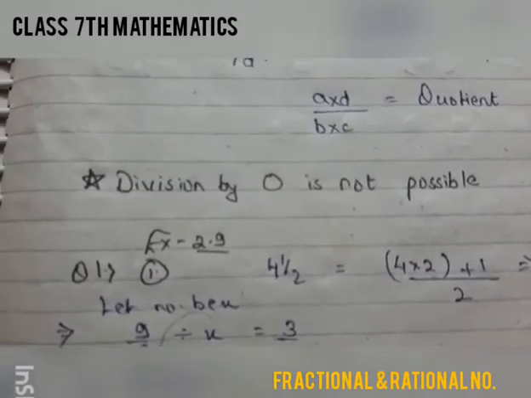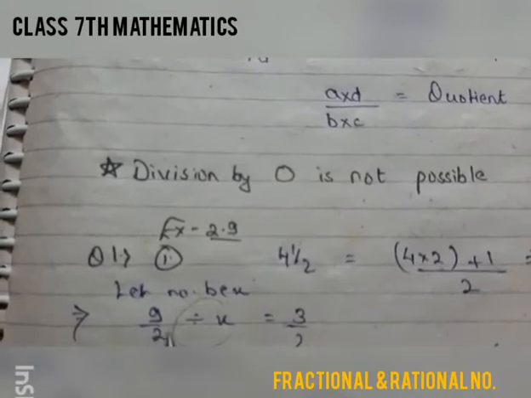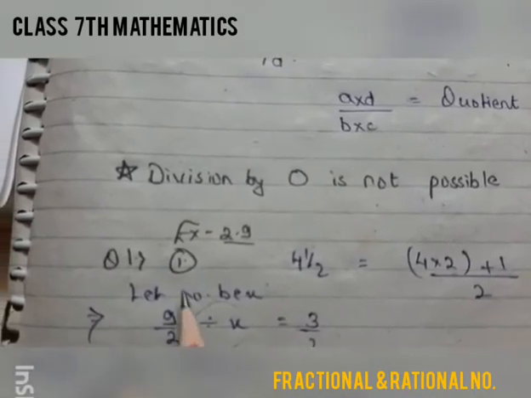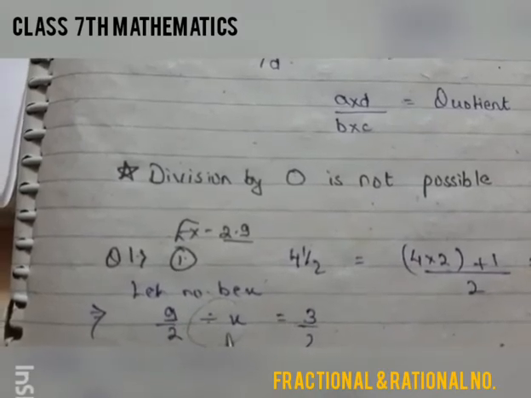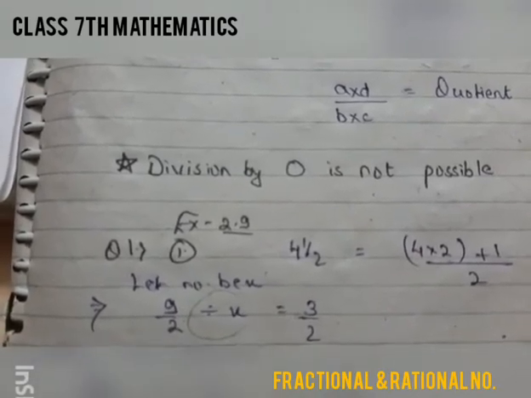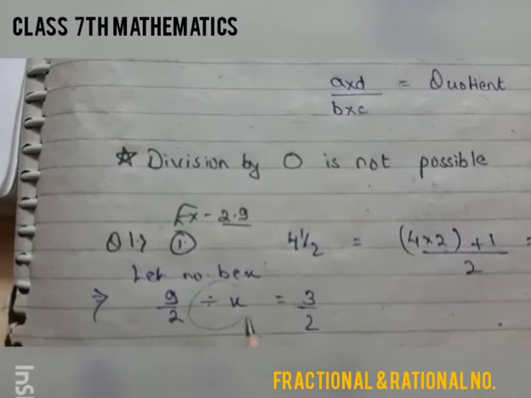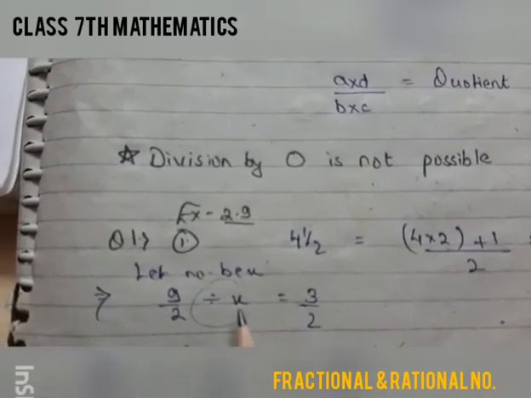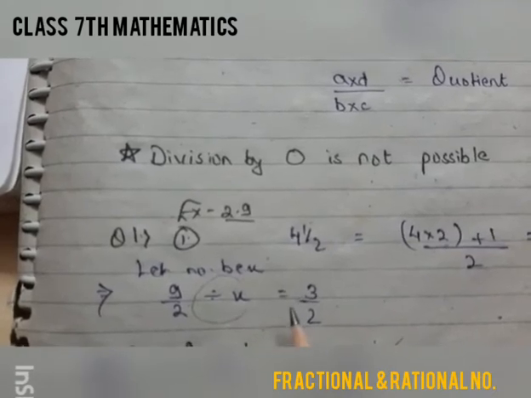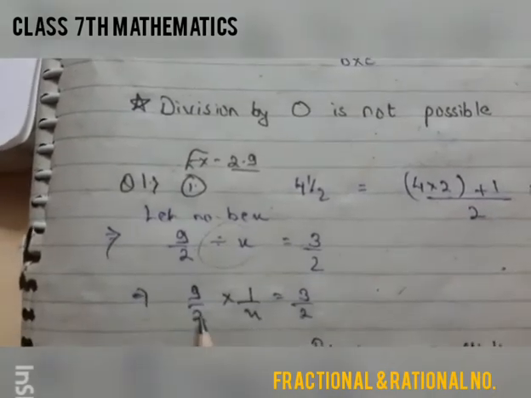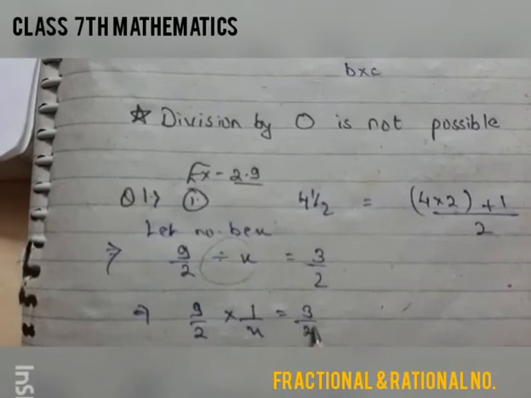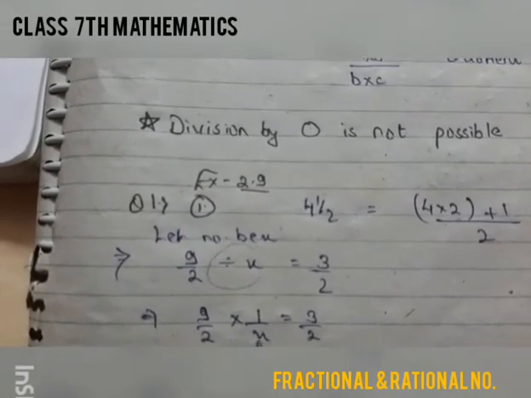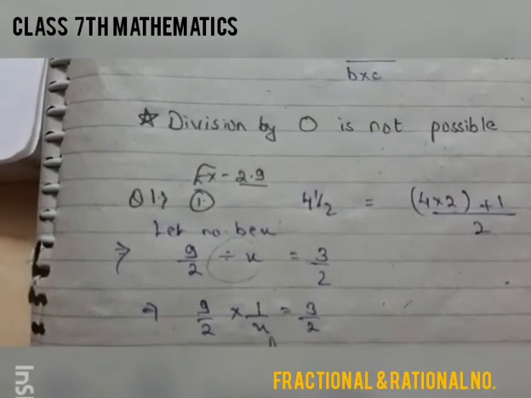Now mathematically we know that when a rational number is divided by a second rational number, the method says multiply the first rational number into the reciprocal of the second rational number. Since here we have assumed x as the second rational number, the reciprocal of x will be 1 upon x. So write it down, 9 upon 2 into 1 upon x is equal to 3 upon 2. Now we need to know the value of x. How will we know it? By the method of cross multiplication.